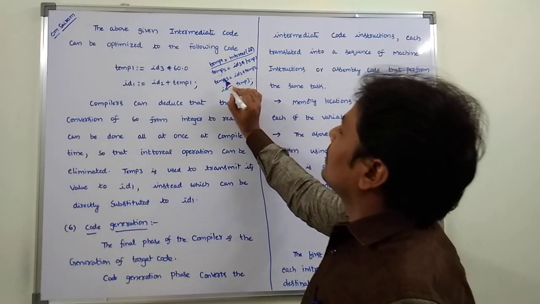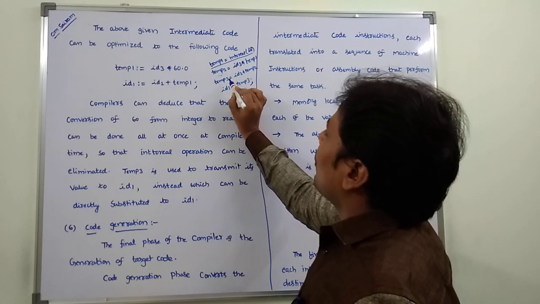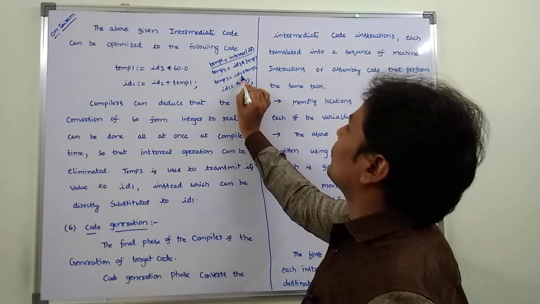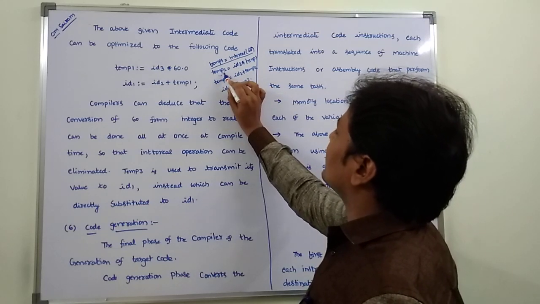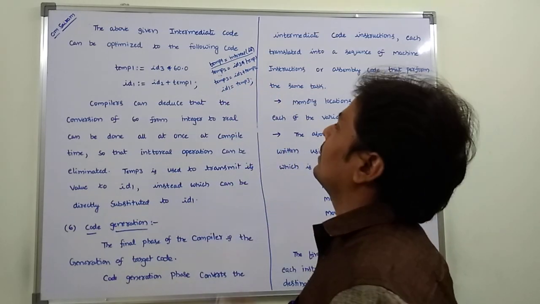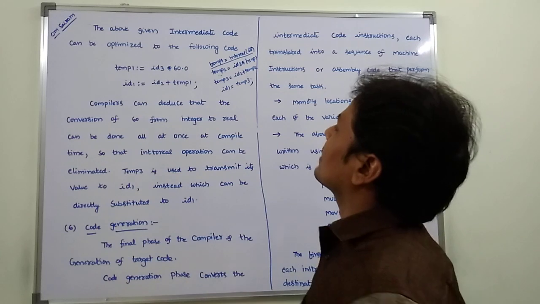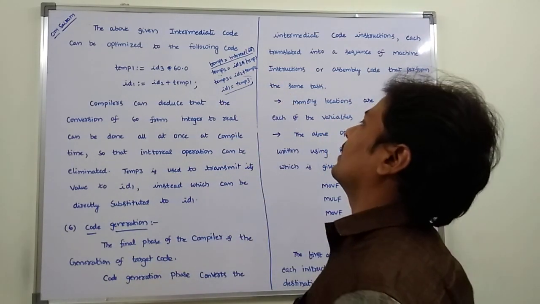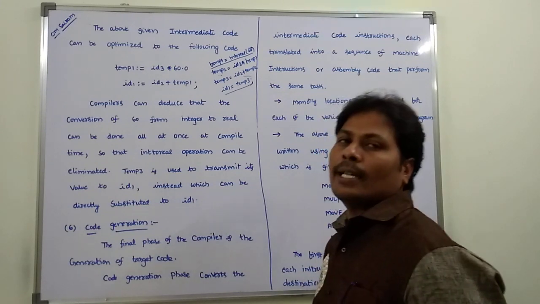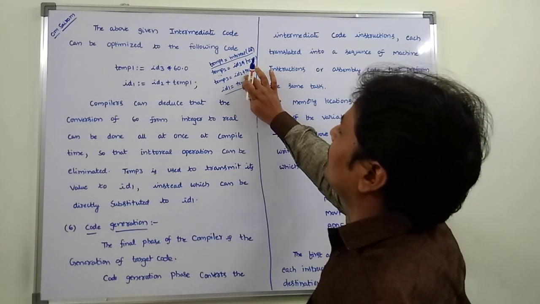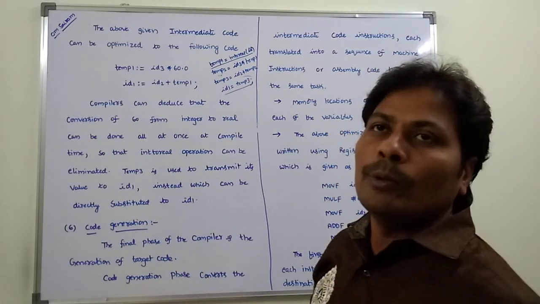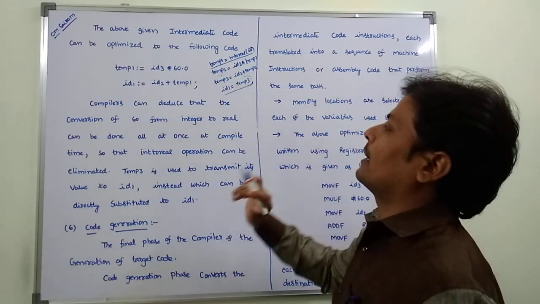Next one, this is temp1. Now we can take temp2. Temp2 is equal to id2 plus, whatever the result we are getting, that is temp1. So that can be directly assigned, and this instruction is also eliminated because whatever the result we are getting at instruction 1 can be directly assigned to id1.